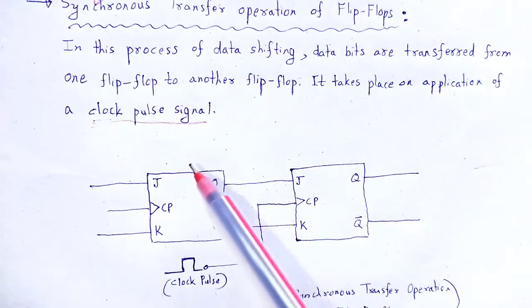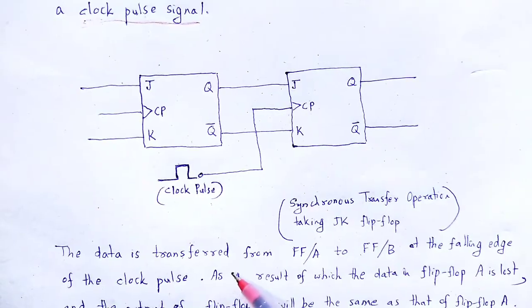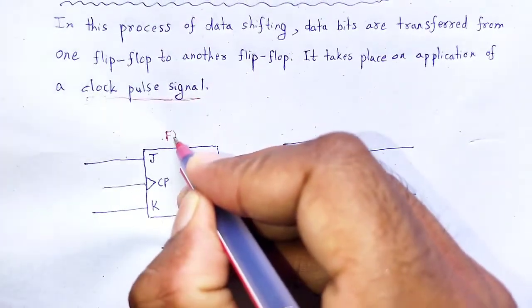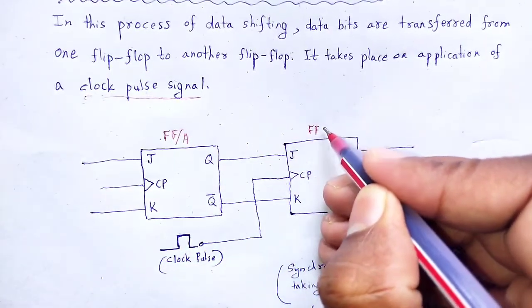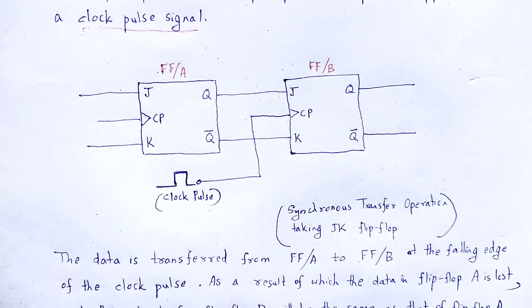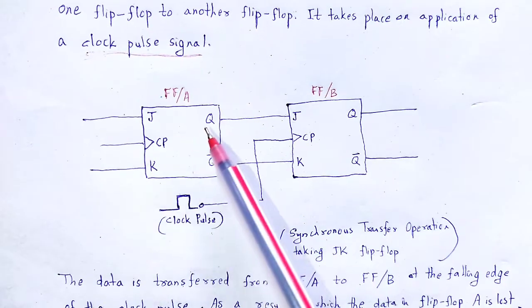Here the data is transferred from flip-flop A to flip-flop B at the falling edge of the clock pulse.